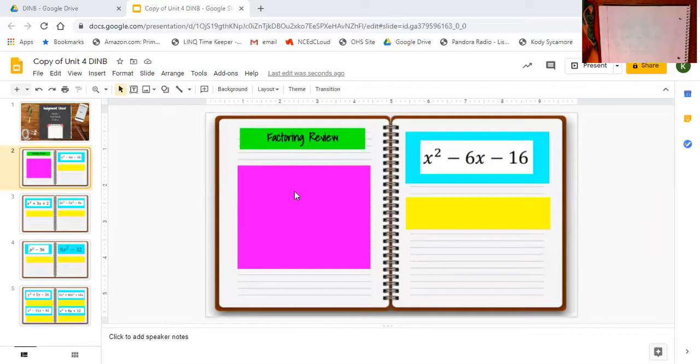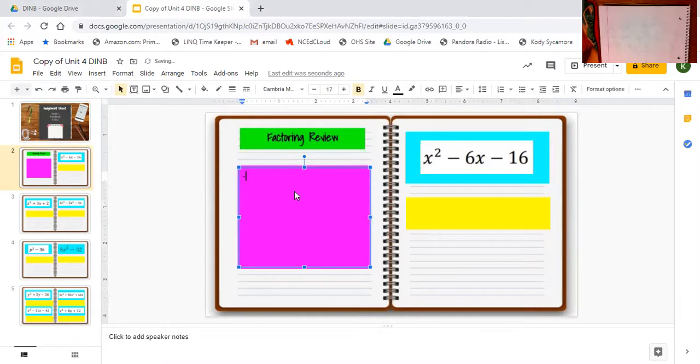So the first thing I'd like you to do is in the box there on slide 2, just type in a few reminders. So the first reminder is going to be to always look for a GCF first.